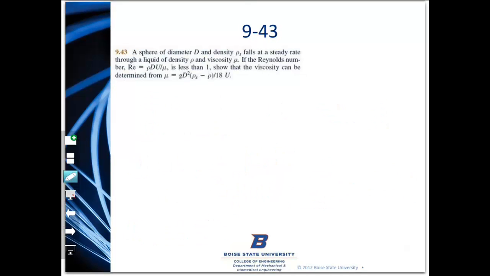Okay, let's look at another interesting problem. A sphere of diameter d and density rho s falls at a steady rate in a liquid of density rho and viscosity mu.